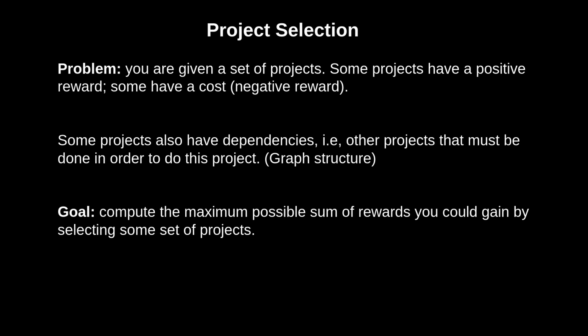You can't just pick all positive projects, because by picking all the positive projects, it is possible through their dependencies that they might depend on a large summation of negative reward projects that would lead to a suboptimal reward for your given set. And so the project selection problem is to pick some set of projects and determine the maximal weight set of projects you could pick that maximizes this reward.